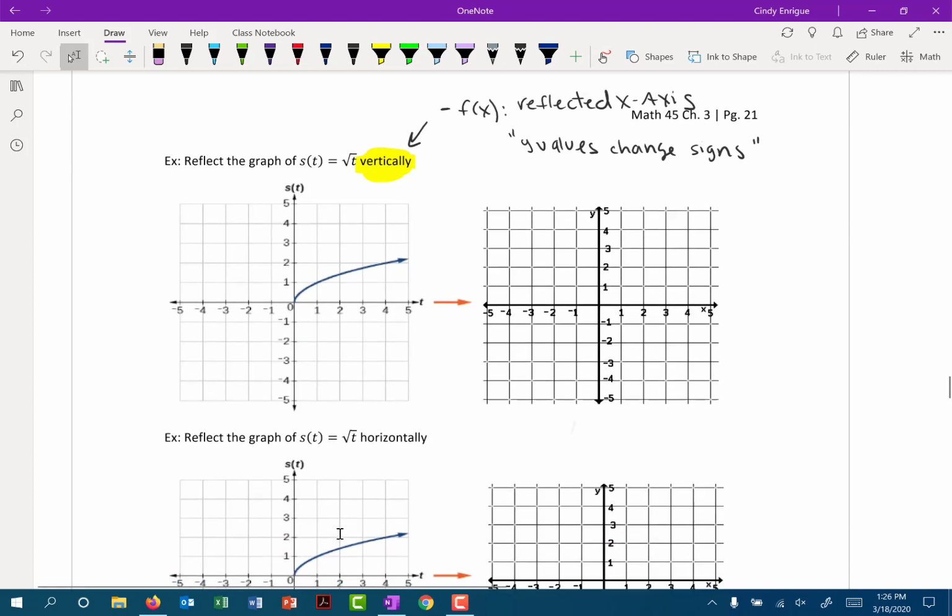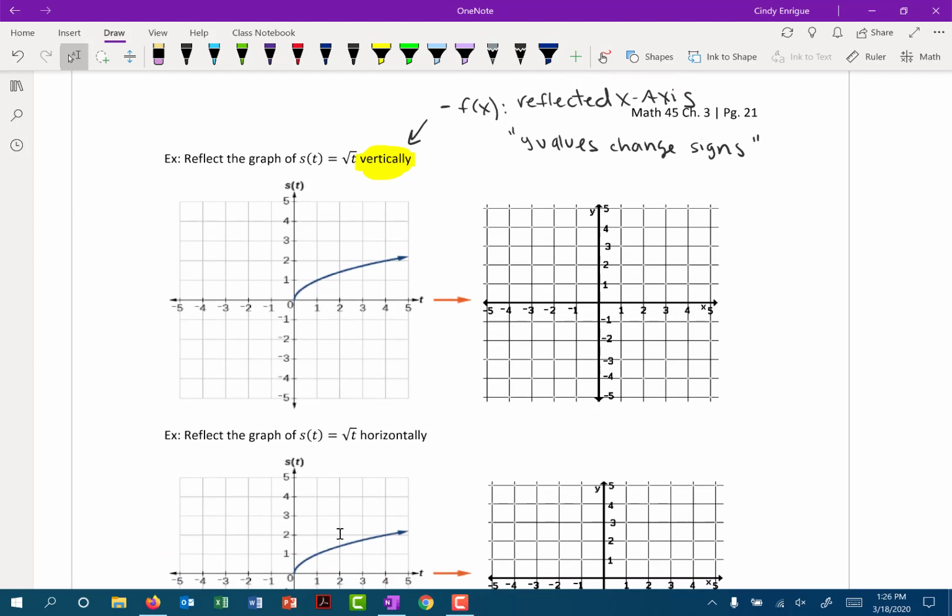So let's think of some key points here. So this point right here, I have 0, 0. I also have this point right here, which is 1, 1. And I also have the point over here, 4, 2. So if I'm going to be reflecting this across the x-axis, that means my y values are going to have the opposite sign.